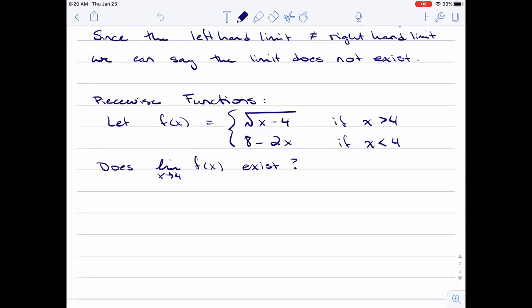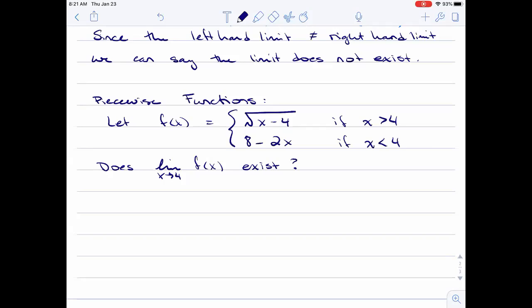We established that the function doesn't necessarily need to exist at 4 in order for the limit to exist. As long as the function's approaching the same limit from the left and from the right, then we can say that the limit exists, even if there's a little discontinuity, a little hole in there.